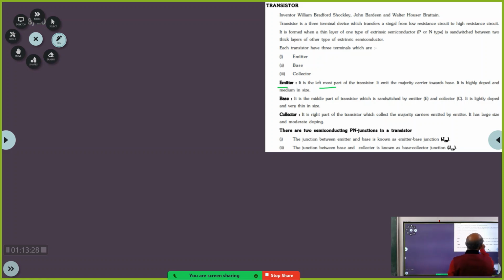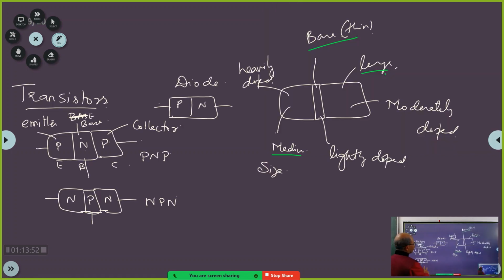It is highly doped and medium in size. Got it? Base, middle part. It is lightly doped and very thin in size. Collector, it is large size and moderately doped. Correct? So that is precisely what I have written.